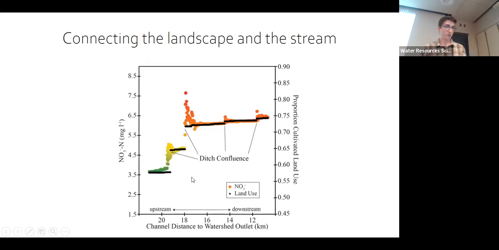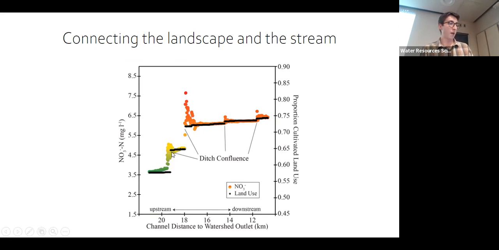If we overlay the two, we see this really tight correlation between what's happening. And when we first looked at this, it was really exciting to us. So these same ditches where we see these sharp increases in nitrate concentration, we see that there's also this increase in the proportion of cultivated land use draining to those spots.